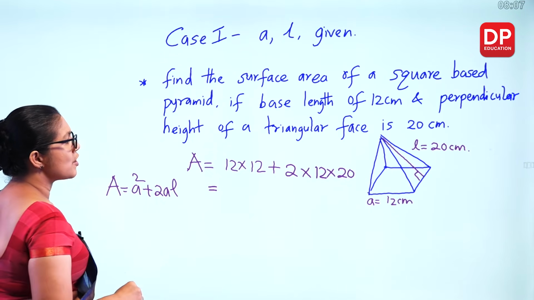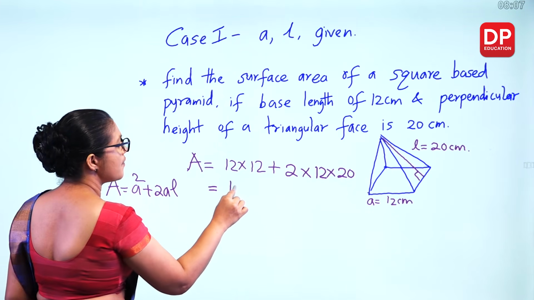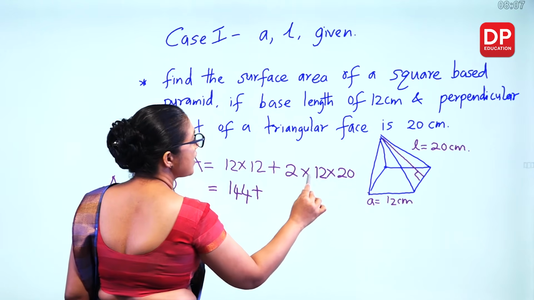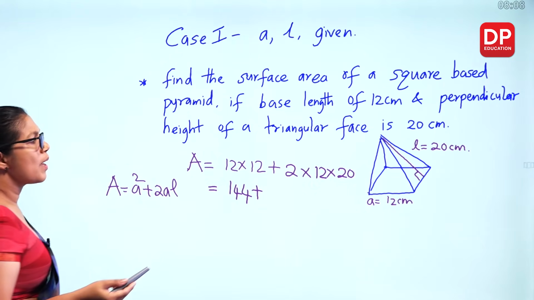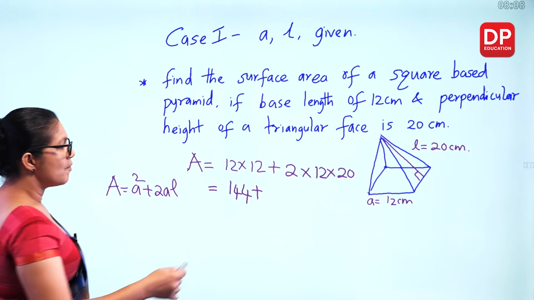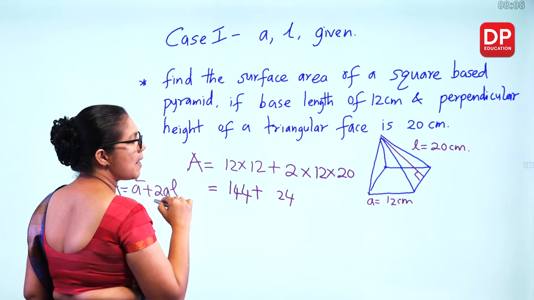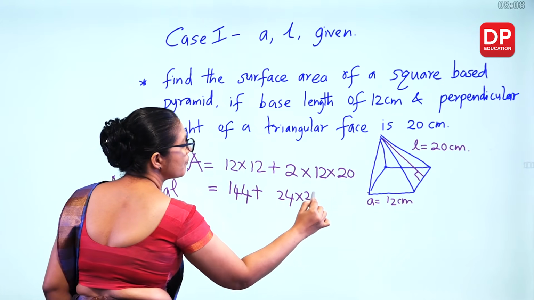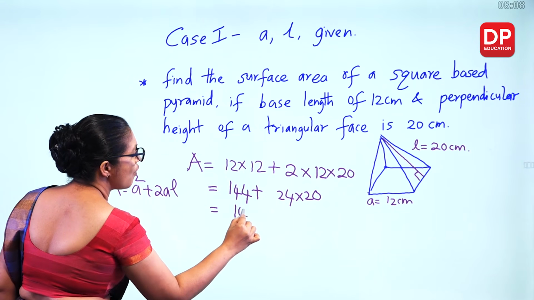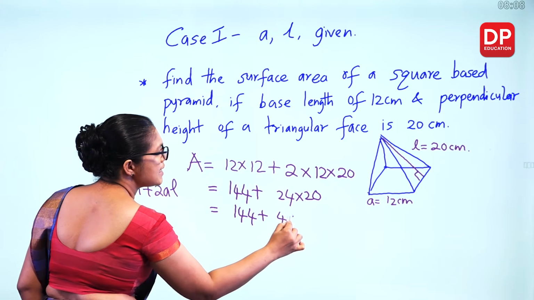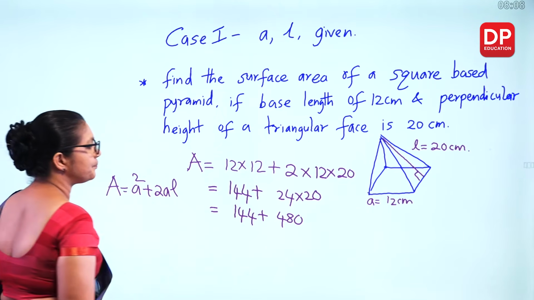When you multiply, what do you get? 12 times 12, 144. Then I can multiply these two: 2 times 12, 24, and again I have to multiply by 20. So what's the answer? 144 plus 24 times 20 is 480.